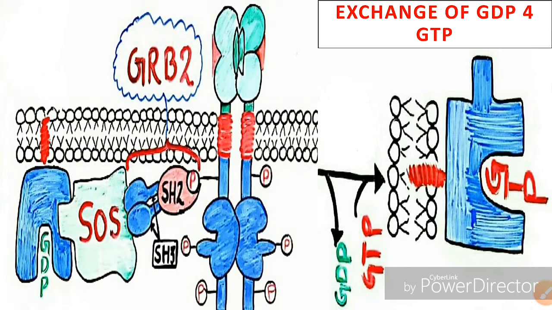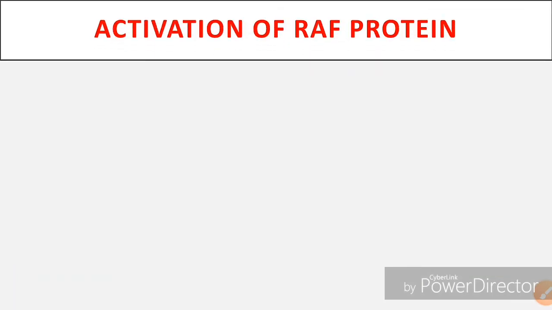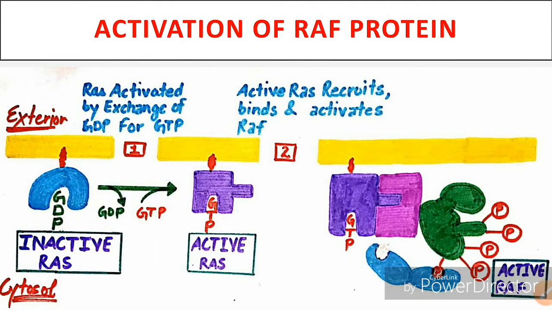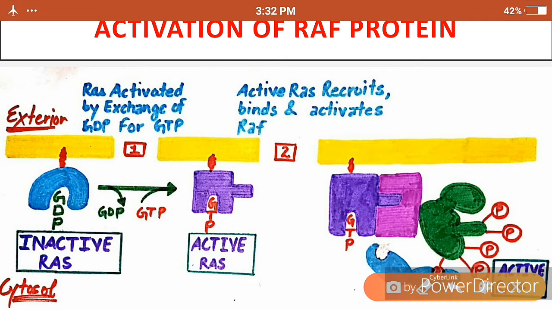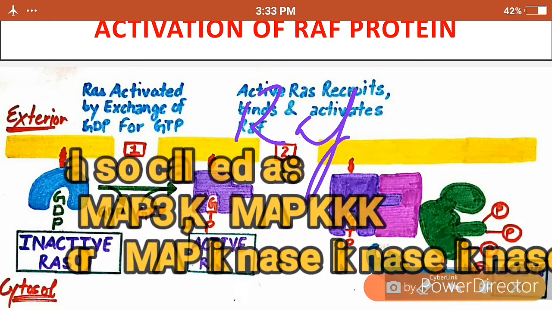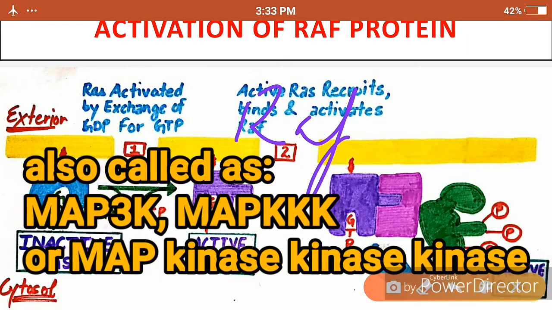Next we have is the activation of another protein which is known as RAF protein. Once the RAS protein is active by the binding of GTP, it acts on another protein which is known as RAF. Okay, let me use another color. That protein is known as RAF.